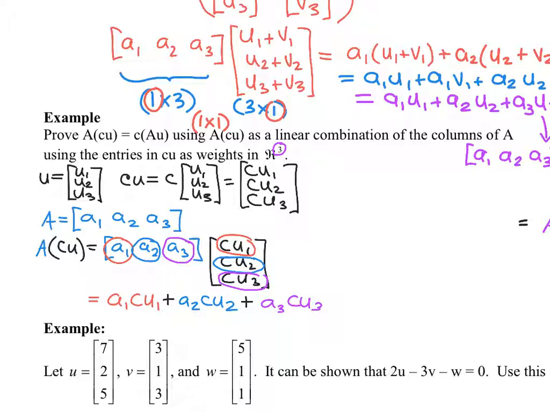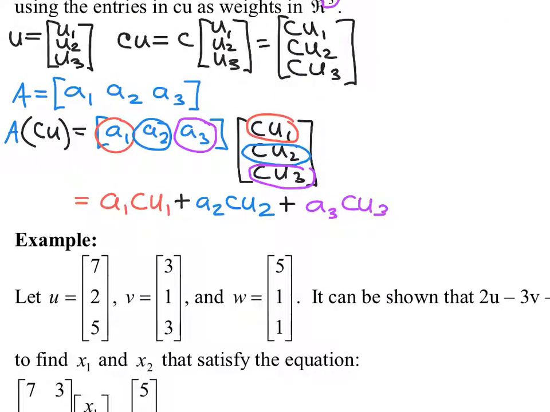So again, prove that ACU is the same as CAU. A slight adjustment makes that happen. CAU is what I'm looking for, so I'm just going to reorganize a little bit: CA1U1 plus CA2U2 plus CA3U3.